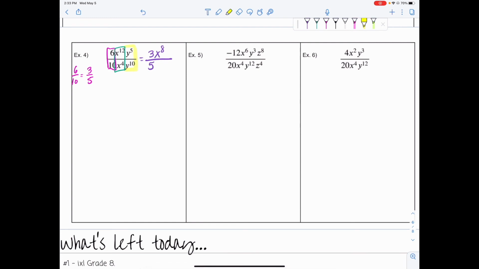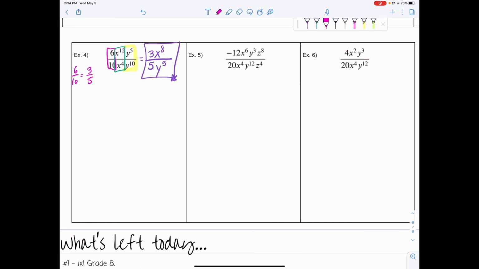If I'm thinking about where y ends up, there would be more y's in the denominator if I wrote it out the long way. So it's going to end up in the denominator because 10 is bigger than 5. So my base stays the same, I subtract my exponents, 10 minus 5 is 5. So my final answer: 3x to the 8th over 5y to the 5th.